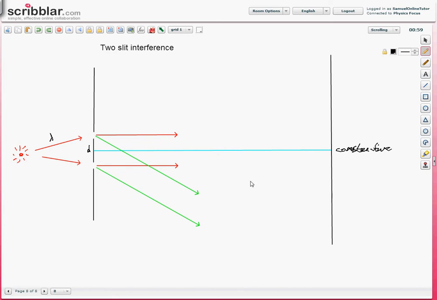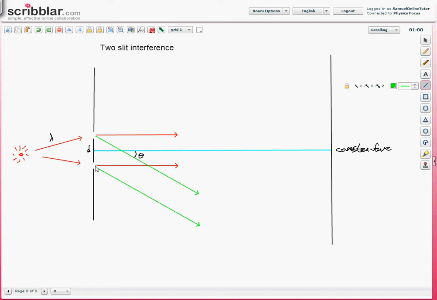Apologies for the handwriting. Now if we assume that we're looking along this direction here, the green lines, this is at an angle theta to the original direction. Now these two green lines will travel out and meet at some point on the screen over here, and I hope you can see that the upper green line has to travel a little bit further than the lower one in order to get there.